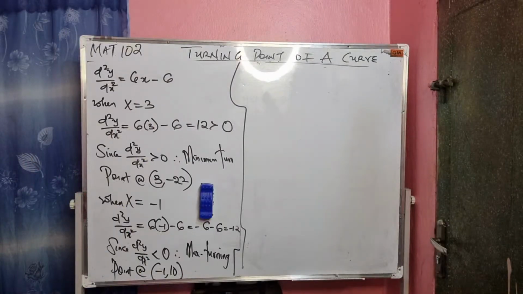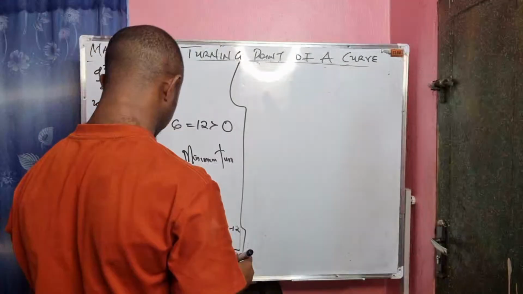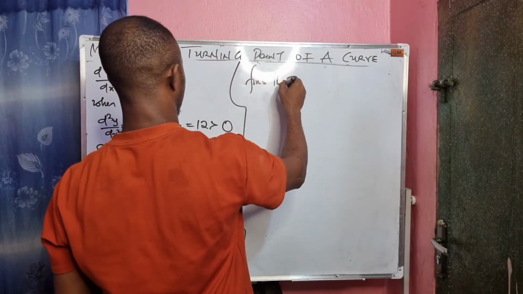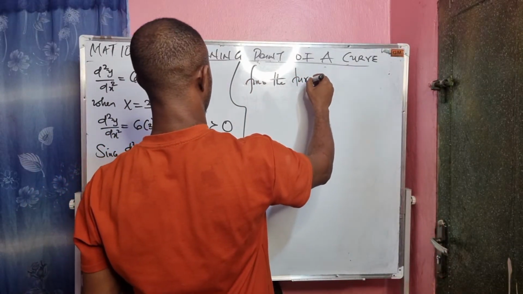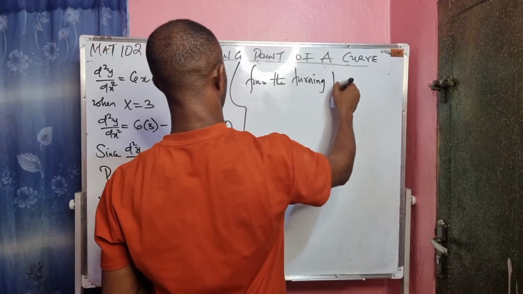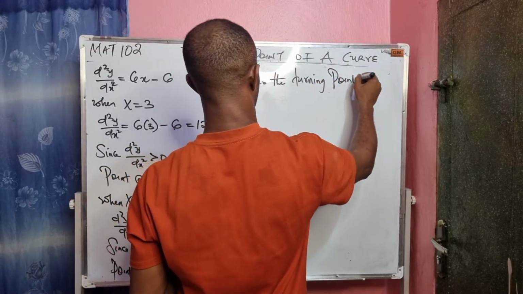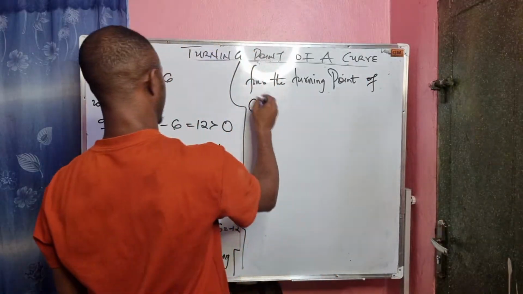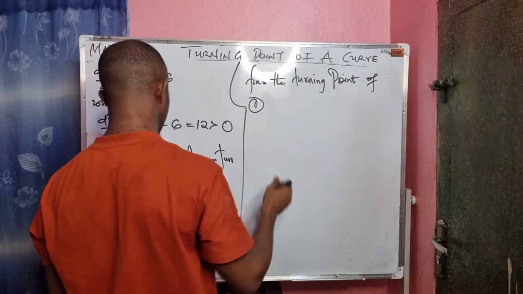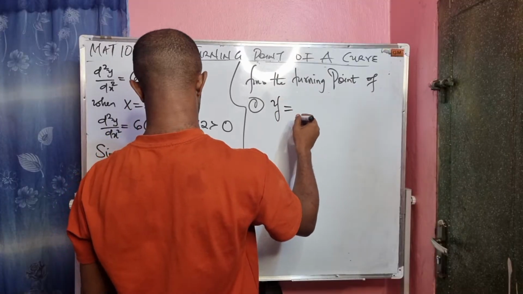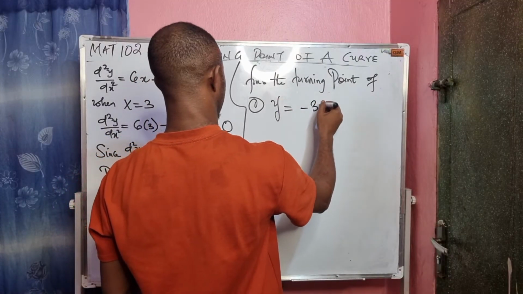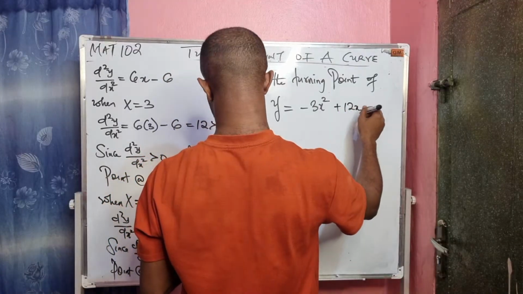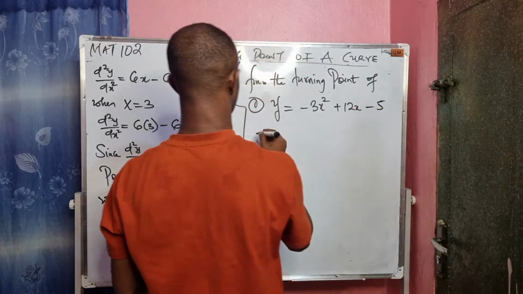The first question says that we should find the turning point of the following function: y equals minus 3x squared plus 12x minus 5.